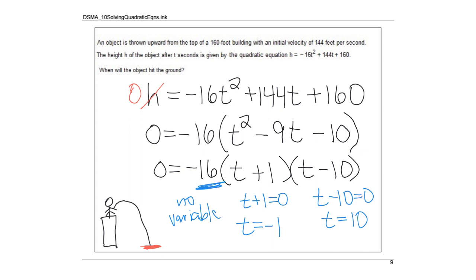However, we are talking about time here, so it does not make sense to have negative time, right? And so our answer is actually going to be this one, and we're going to say that the object is going to hit the ground in 10 seconds after being thrown.